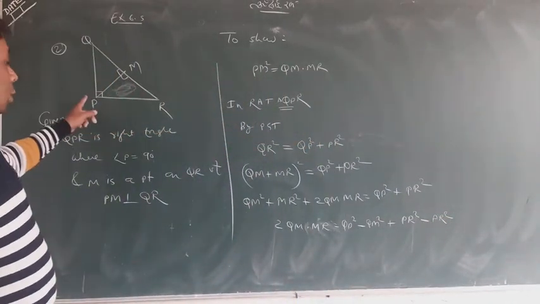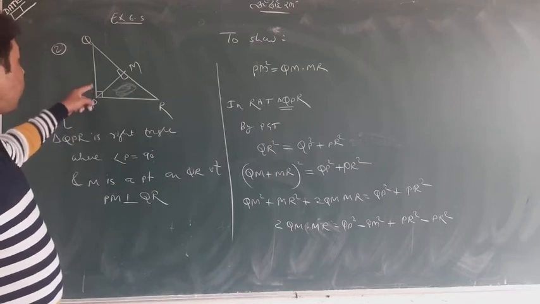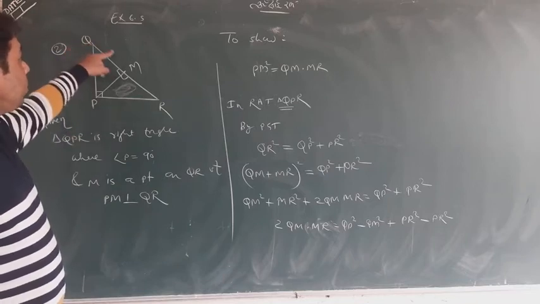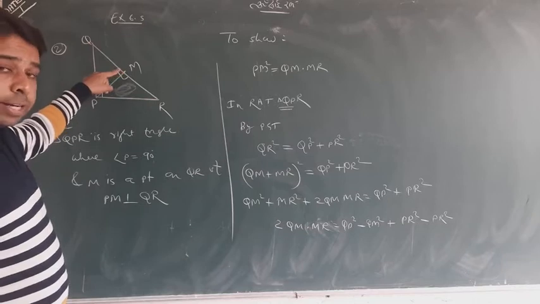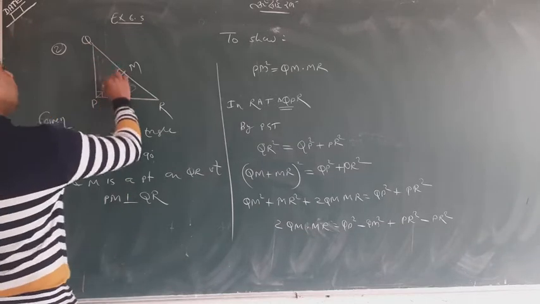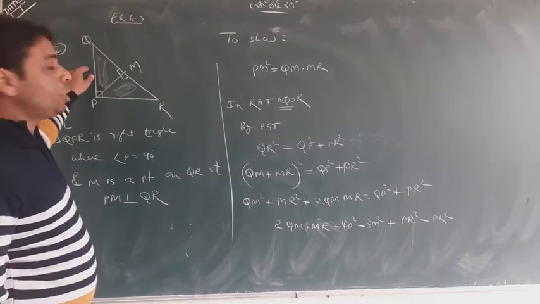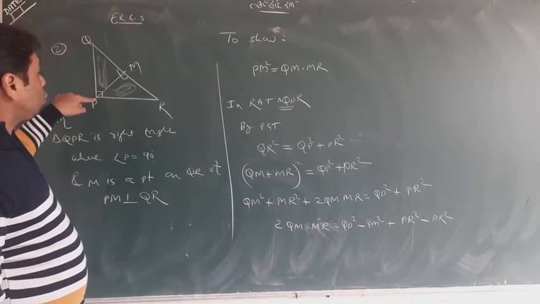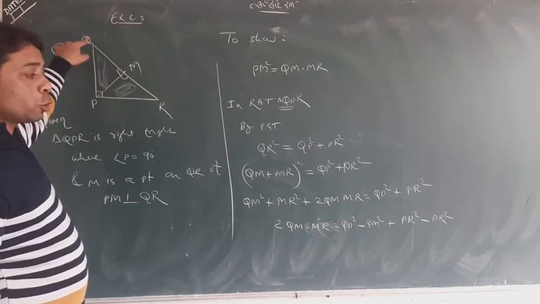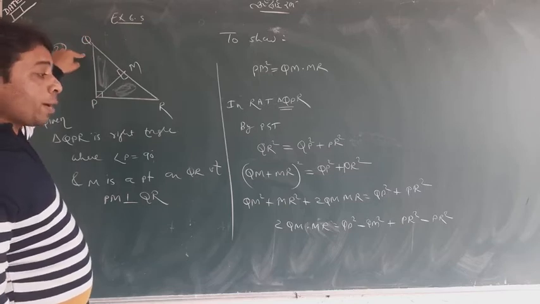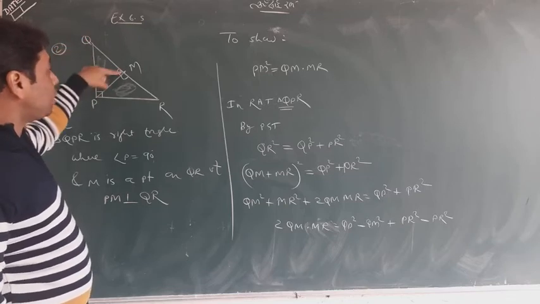Now let's look: QP square minus QM square equal to PM square. Why is it so? Because this is also a right angle triangle, which means use PGT. PQ square equal to PM square plus QM square. So PQ square minus QM square equal to PM square.